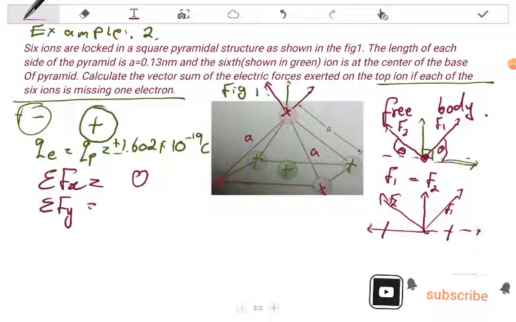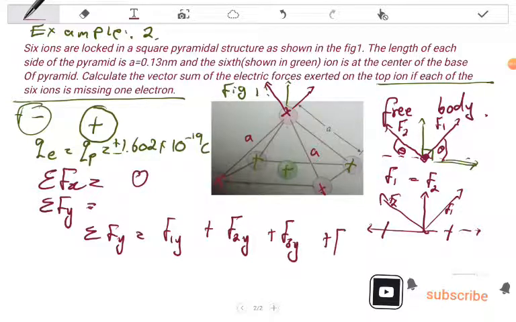So now we know that this sum of Fy, that's what we are looking for, is going to be F1y, the vertical component of F1, plus F2y, plus F3y, plus F4y.